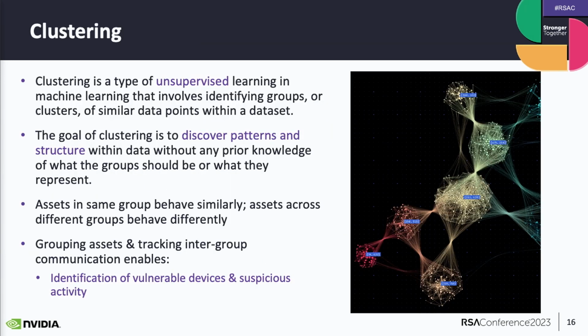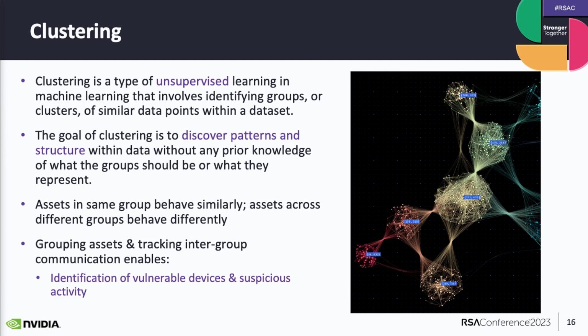Let me talk about the second component of our AI-based solution, clustering of the assets. Clustering is an unsupervised machine learning technique that helps us to identify groups or clusters within the data set. What's special about clustering is we do not have to give it any prior information on the labels or the groups. It is able to decipher that information on its own by looking at the underlying structures and patterns within the data.